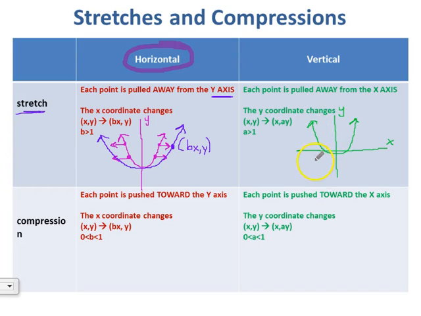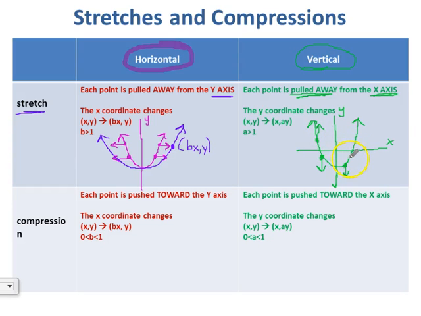Now we're taking each point and pulling it away from the x-axis. So if I choose this point, I'm going to pull it away from the x-axis. If I choose this point, I want to pull it away.